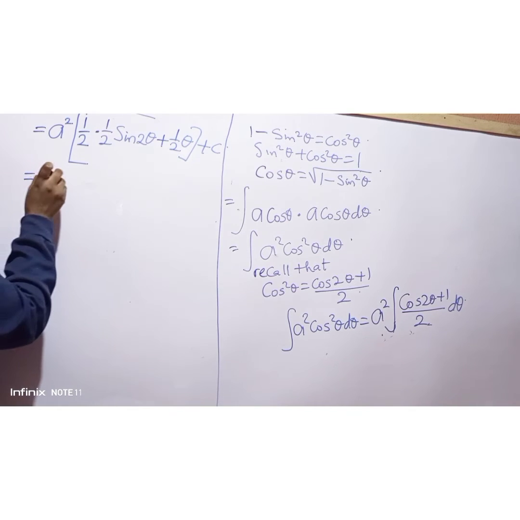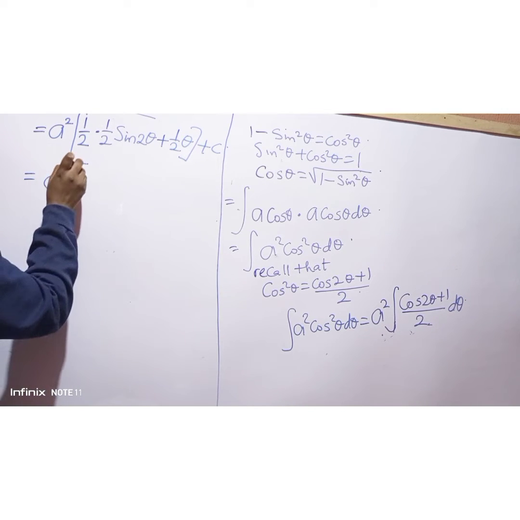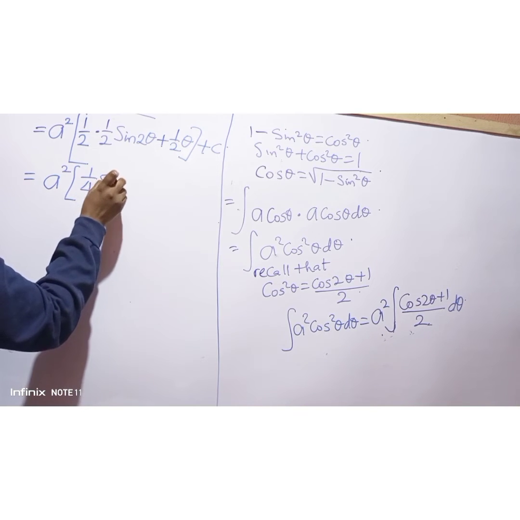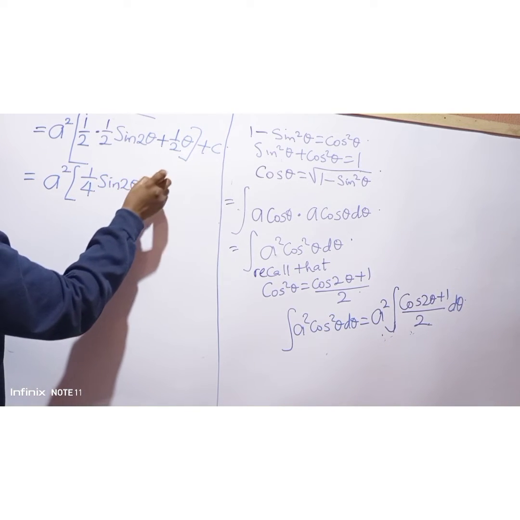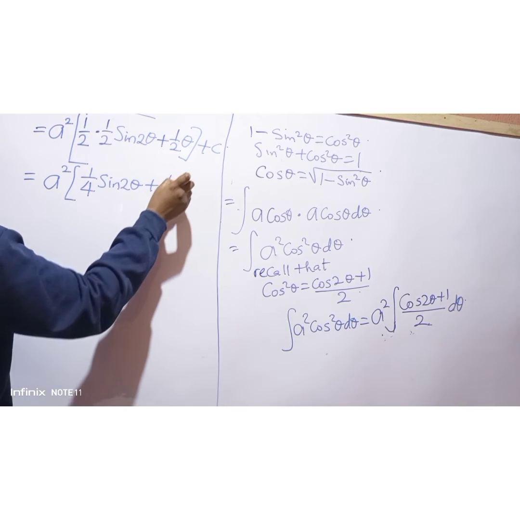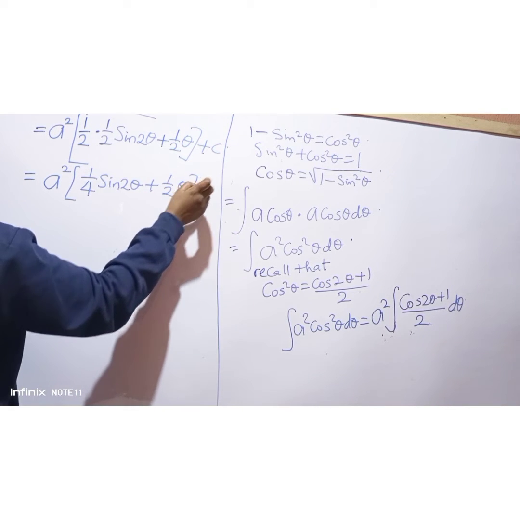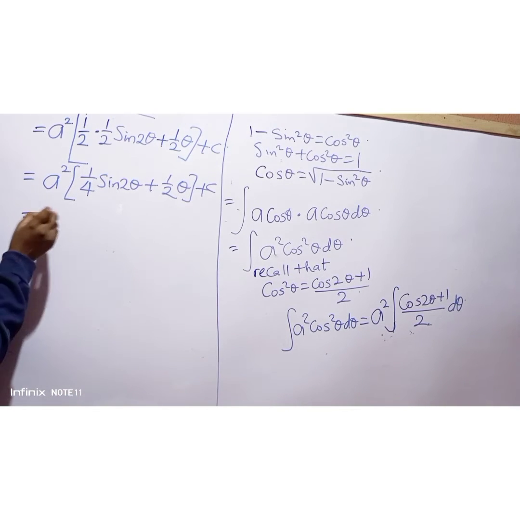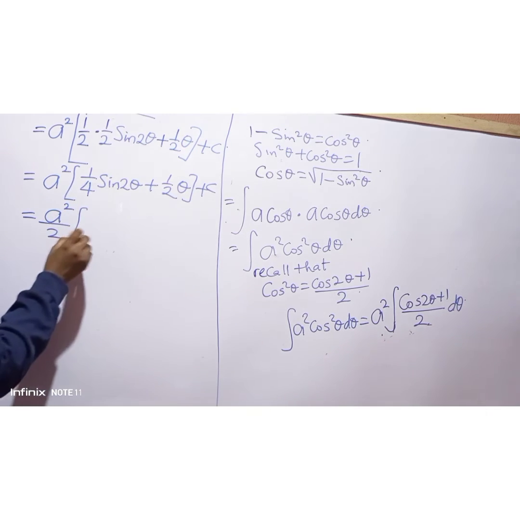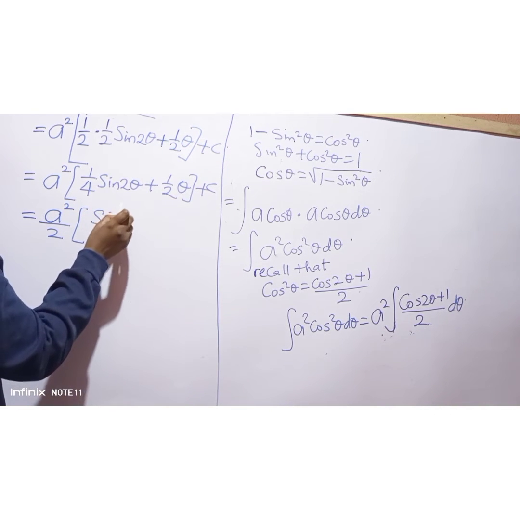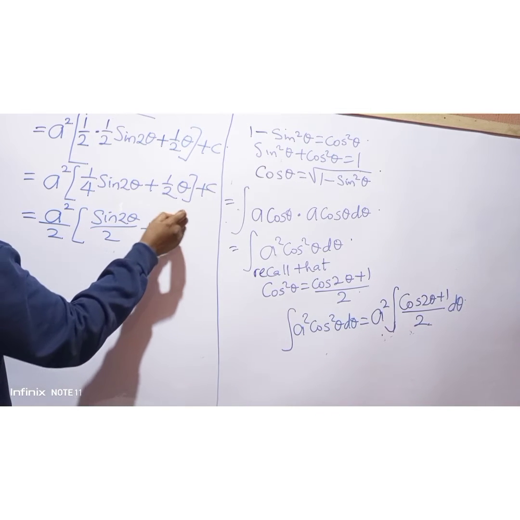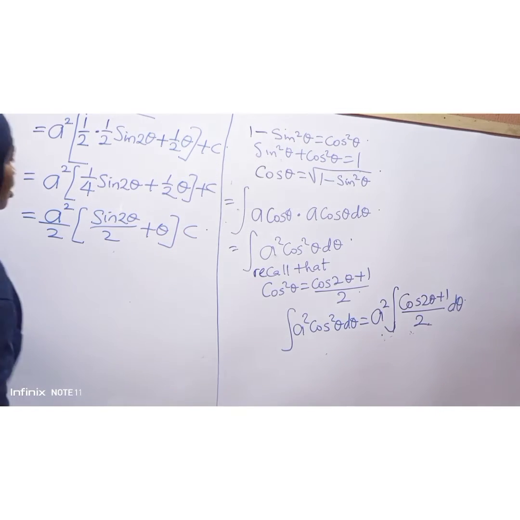So it is equal to a squared into bracket 1 over 4 sine 2 theta plus 1 over 2 theta plus c. They have 1 over 2 in common, so I can take it out: a squared over 2 into bracket sine 2 theta over 2 plus theta, then plus c.